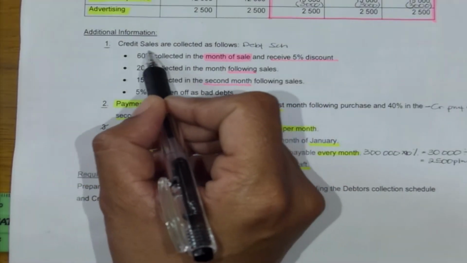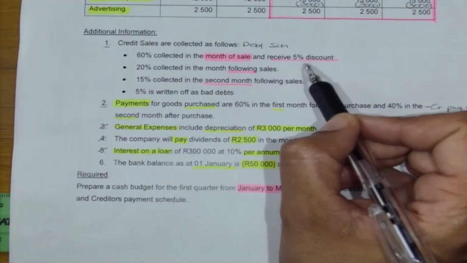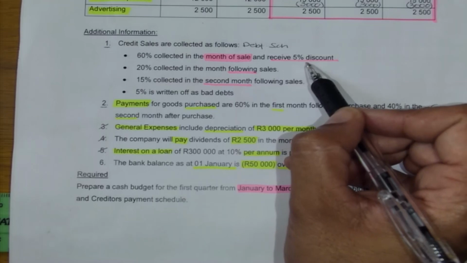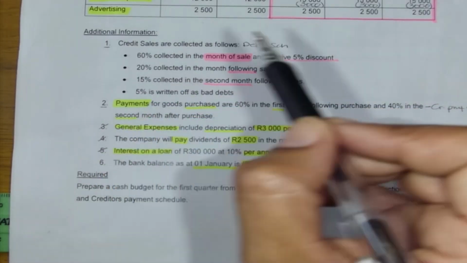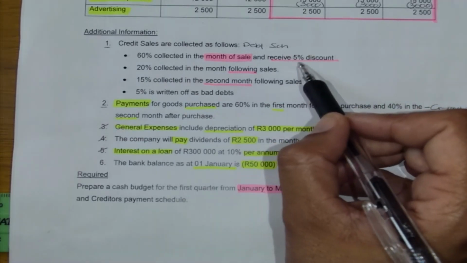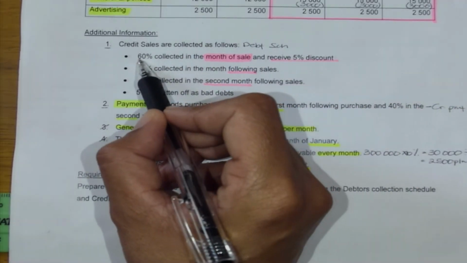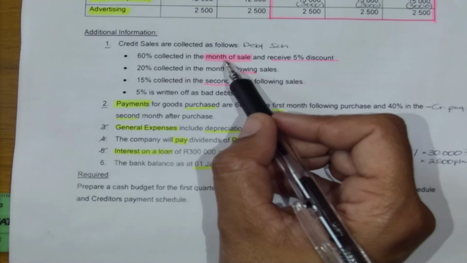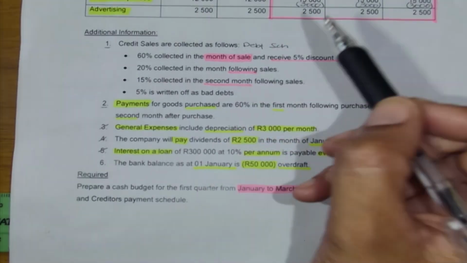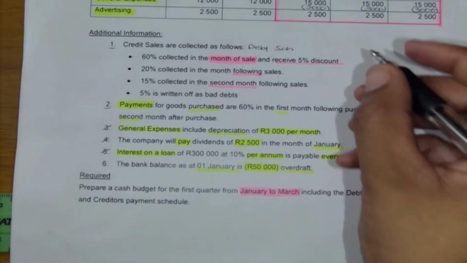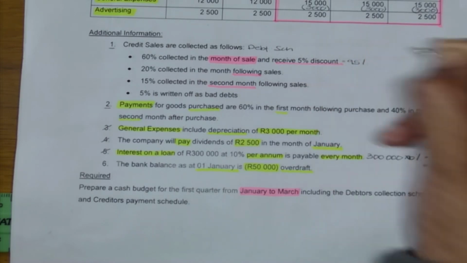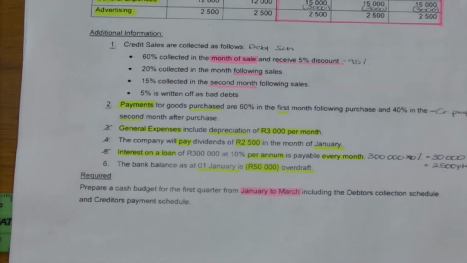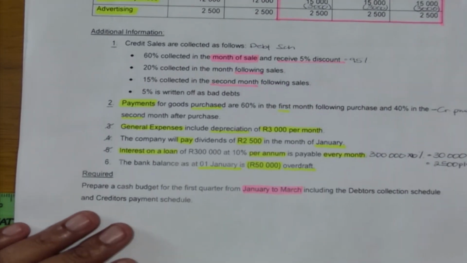You can get a 5% discount. So that means you only need to pay 95% of the amount and not 100%. I will show you that calculation just now.